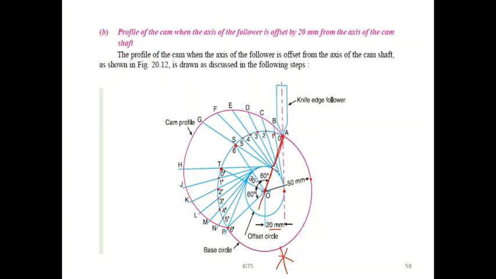I am repeating again. Keep one end of the scale on point 1. Keep another end of the scale on the surface of the inner circle, and draw this line. Similarly, keep one end of the scale on point 2, another end on the surface of the circle.